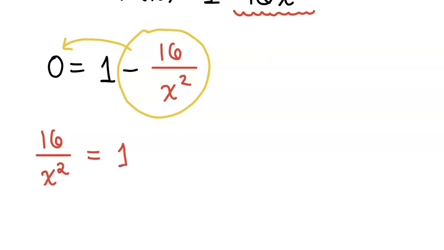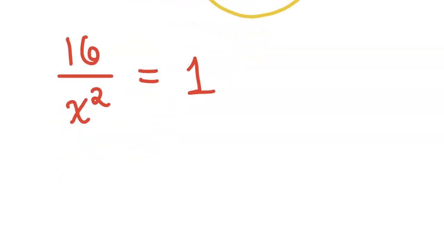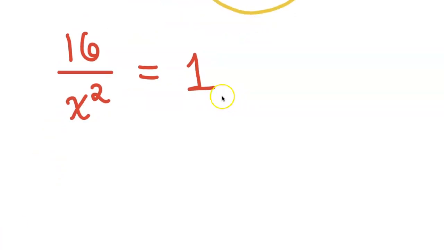Look at this equation for me. You've got a fraction equals 1. When is a fraction equal to 1? Well, you have to have 16 divided by 16 for it to be equal to 1, right? Because anything divided by itself is equal to 1. If it's anything other than 16, that's not going to be 1.